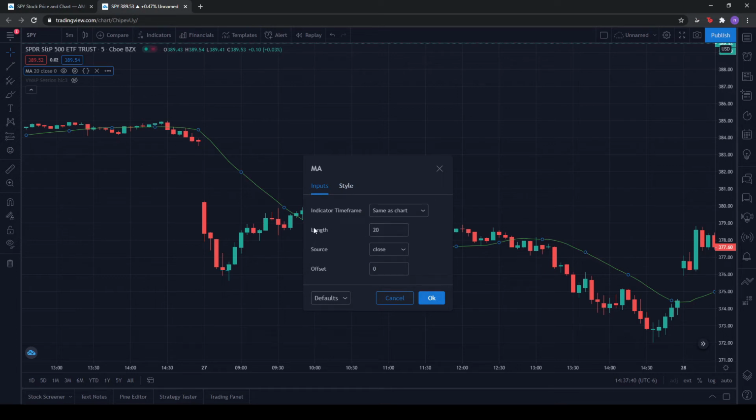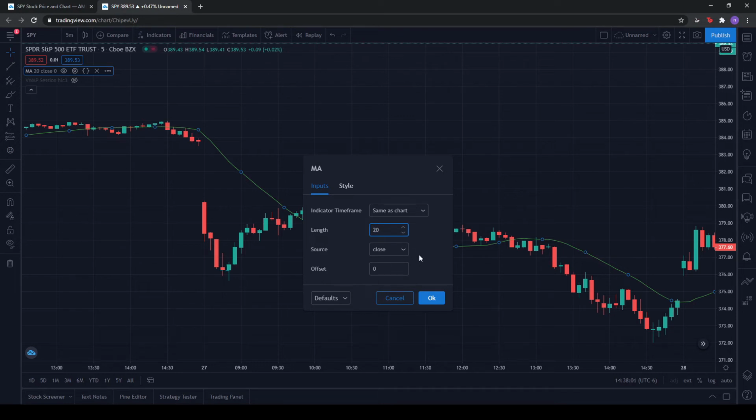So I have, you see here, length as 20. The 20 time period is a shorter term moving average. So if you're looking at a day trade, you're most likely going to use that shorter time period.